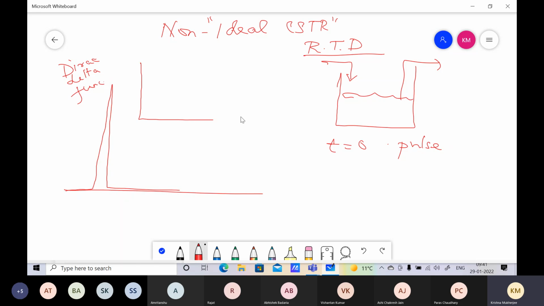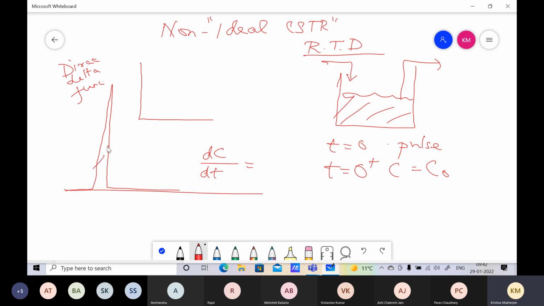The output can be easily found out by your material balance. There is no reaction taking place. At time t equal to 0 plus, c becomes equal to c naught because of the pulse.